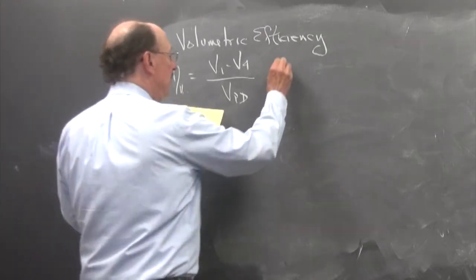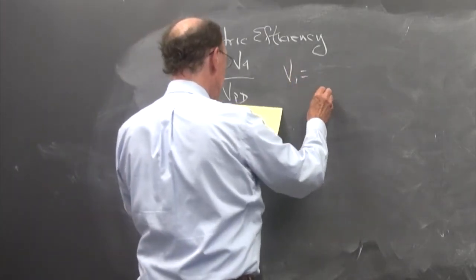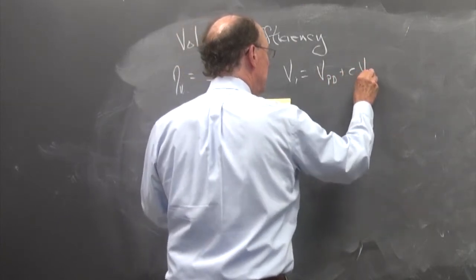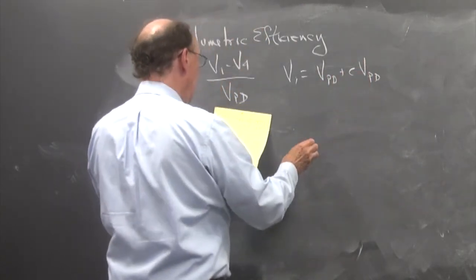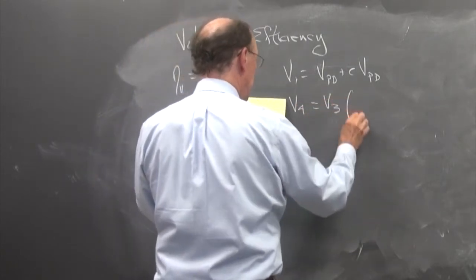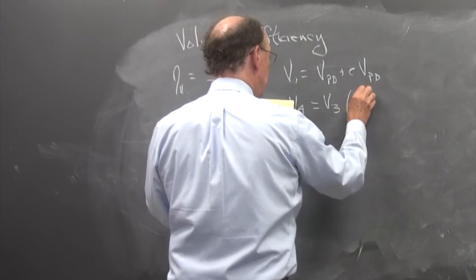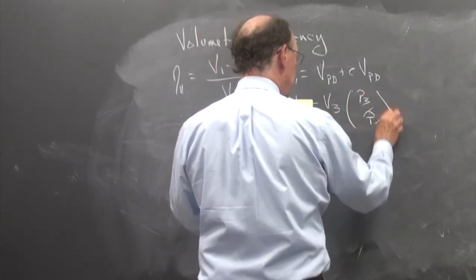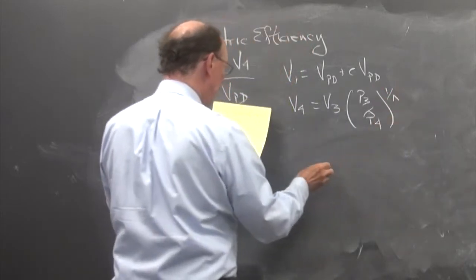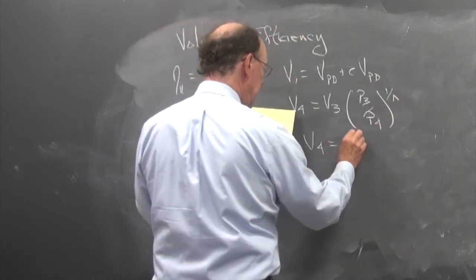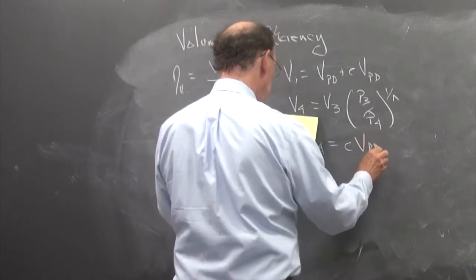And V1 is equal to V sub PD plus C times V sub PD. And V4 is equal to V3 times P3 over P4 to the 1 over n. These are the polytropic relationships. So V4 is equal to C times V sub PD times this pressure ratio.